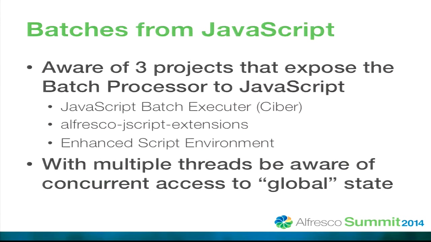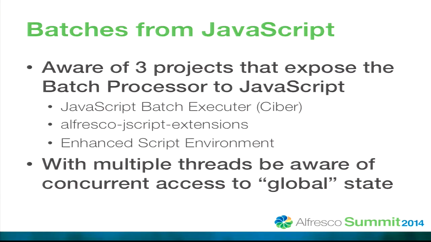Unfortunately, it's not exposed to JavaScript. There are three open source projects I'm aware of that will expose this batch processing framework: the JavaScript batch executor from Cyber, the alfresco-jscript-extensions that we've talked about a little bit already, and then the enhanced script environment by Axel, who's here today.